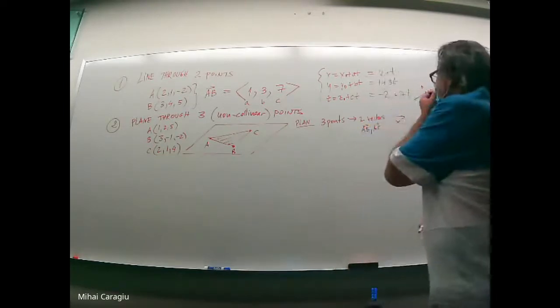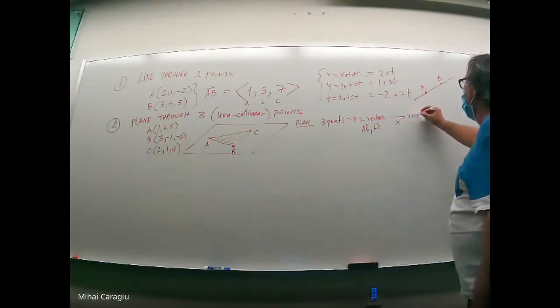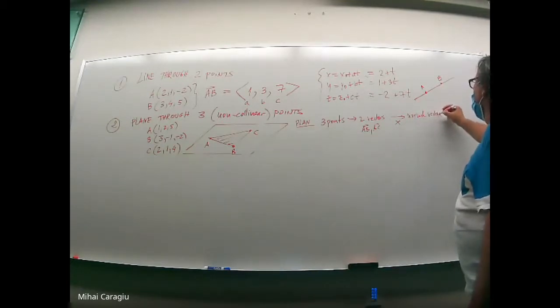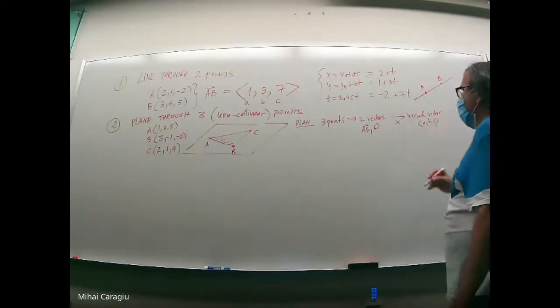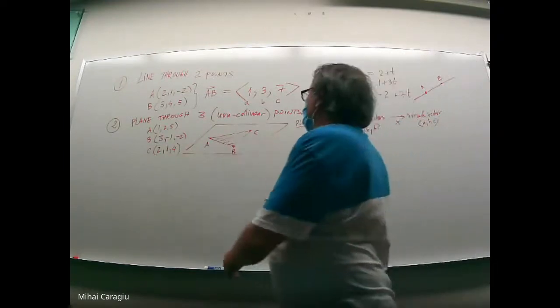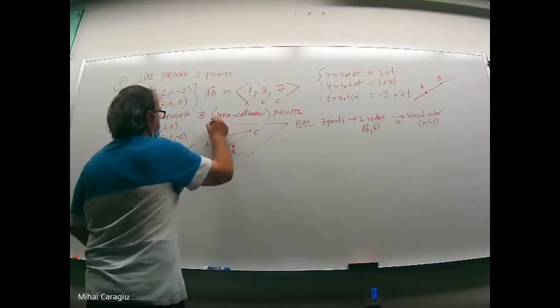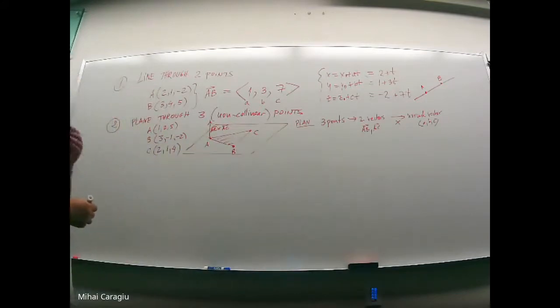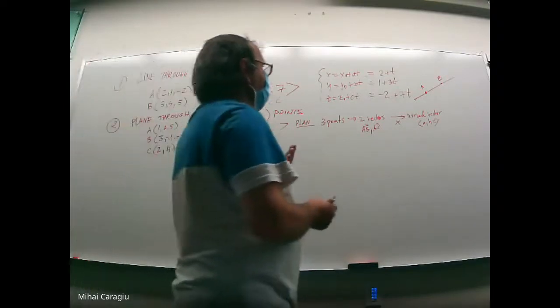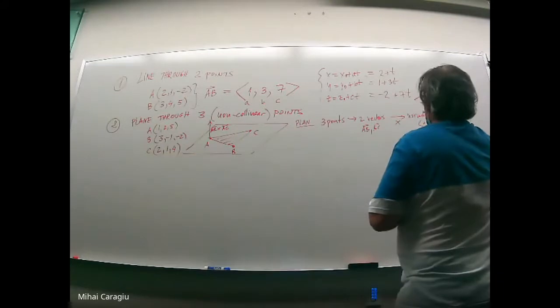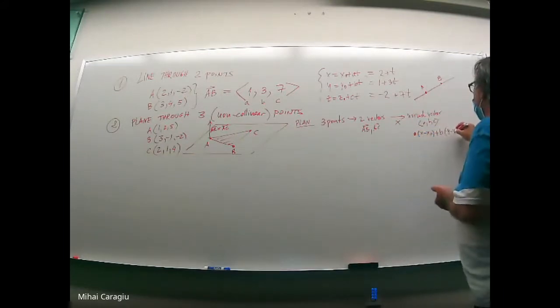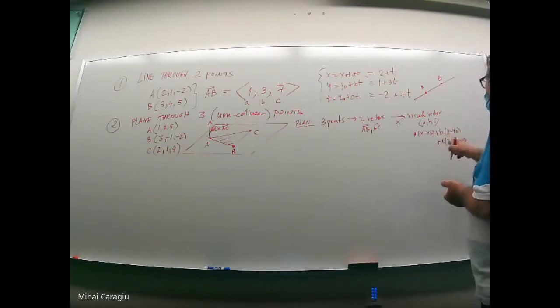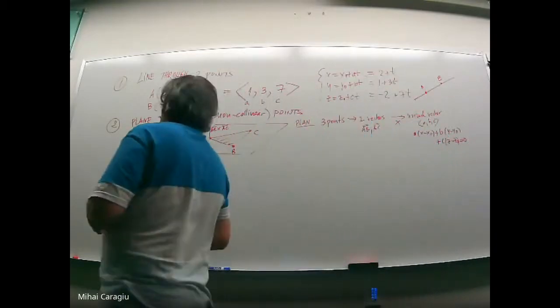Then, if we take their cross product, AB cross AC, we get a normal vector of the plane. Let's call it a, b, c. We use the point-normal formula, a times (x minus x0) plus b times (y minus y0) plus c times (z minus z0) equals 0, where x0, y0, z0 would be either one of those 3 points.